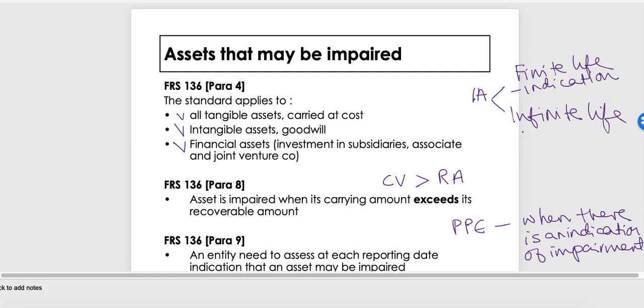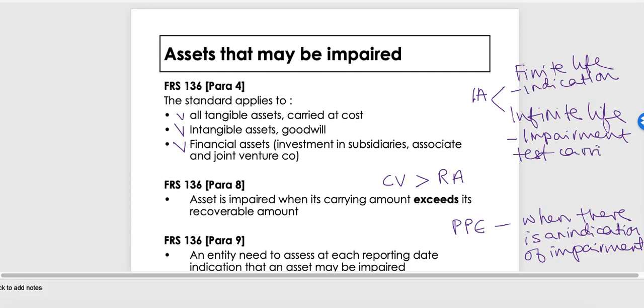If the IA has infinite life, you don't amortize. When you don't amortize, that means you carry the same amount of IA from year to year. There is no reduction in value. For that case, you need to do an impairment test. The impairment test is carried out at the end of every year.